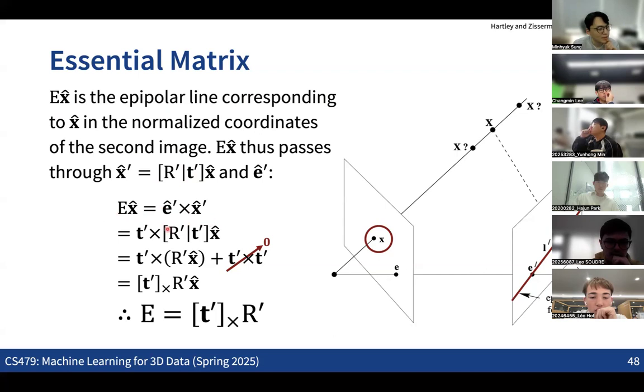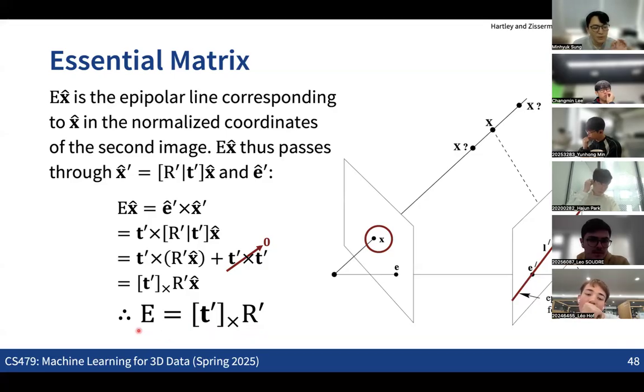So by deriving all the details, what we can see is that the essential matrix has this form: not the cross product, but the skew symmetric matrix of the translation, multiplied by the rotation matrix. This shows the relationship between the rotation and translation that we are going to calculate and the essential matrix.